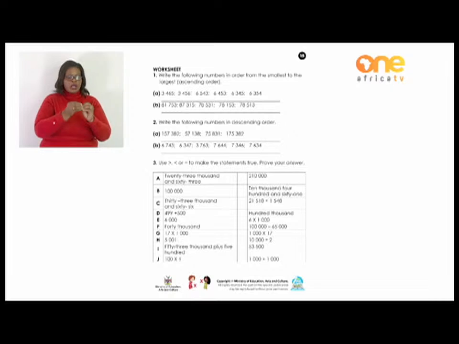For example, under A, it's 23,063. You must write that in numeric so that you can compare it with 210,000.